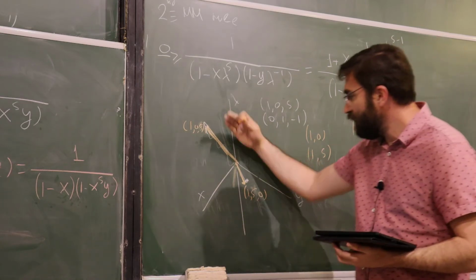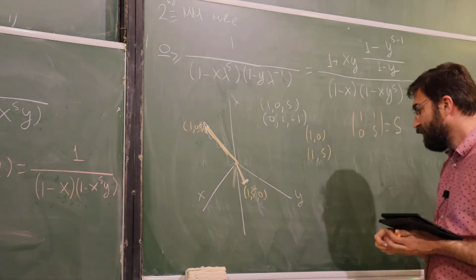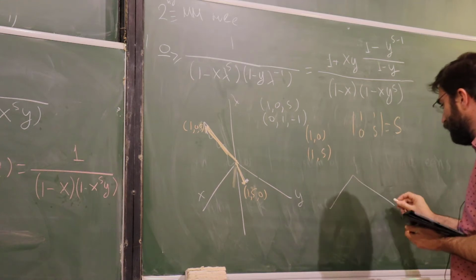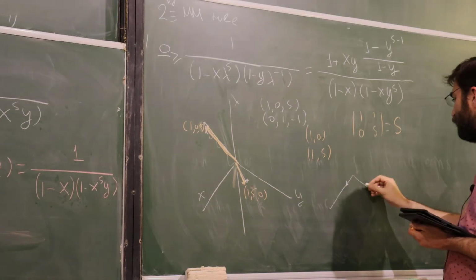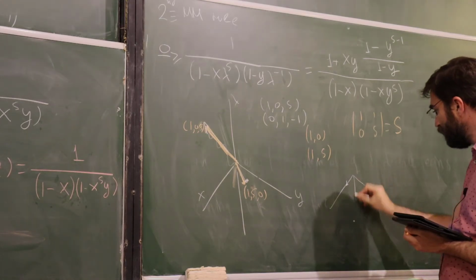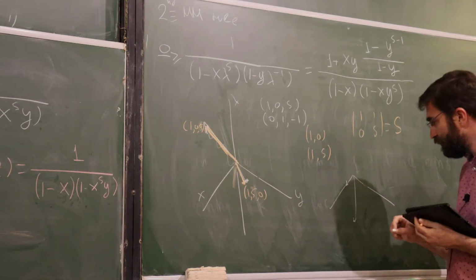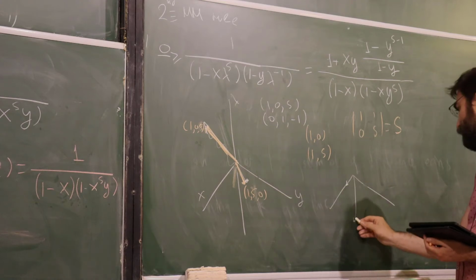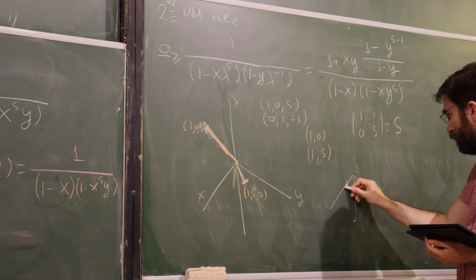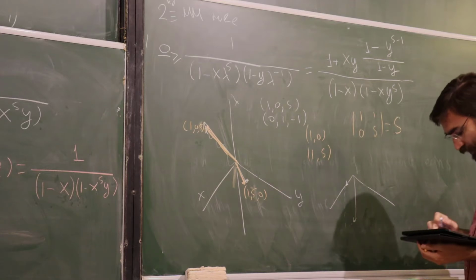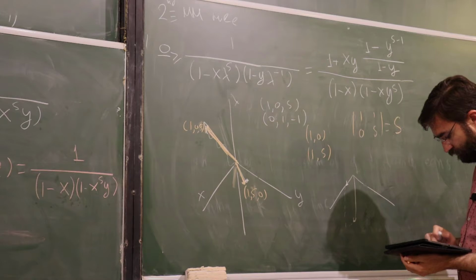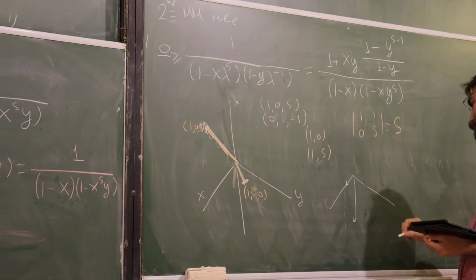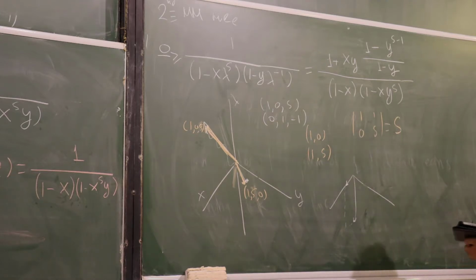So if I project this cone on the xy plane, what I will actually get will look, so it is (1, 0) and (1, s). Now, where is my fundamental parallelepiped? Actually, yeah, I drew it very badly, no?